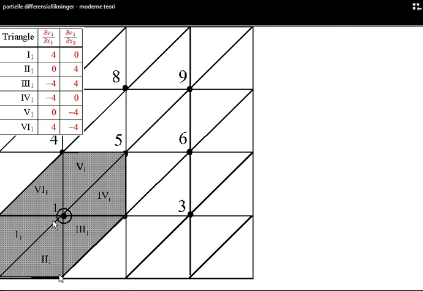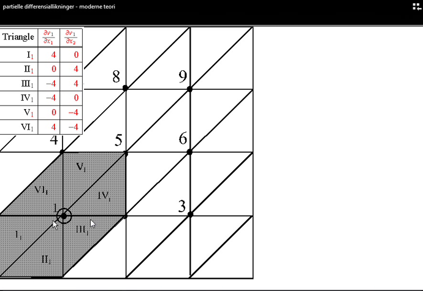However, the partial derivative with respect to x2 is equal to 4, because the function is increasing in the x2 direction from 0 to 1, and the length is 1/4. So we take the difference between 1 and 0 and divide it by 1/4, and therefore the partial derivative of V1 with respect to x2 is equal to 4.